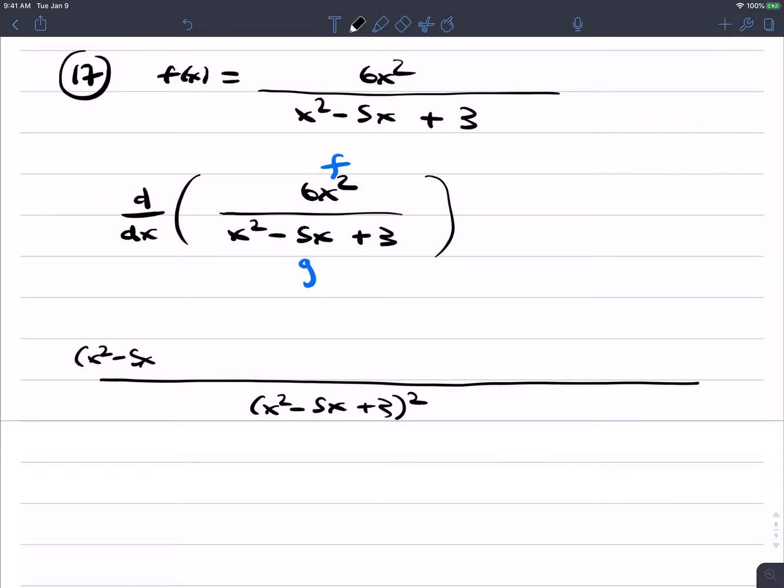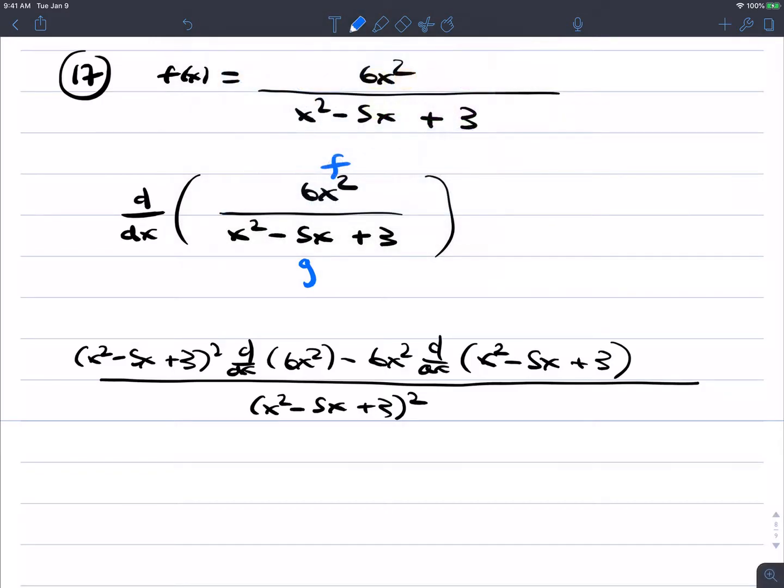X squared minus 5x plus 3 is squared, times the derivative of 6x squared, minus 6x squared times the derivative of x squared minus 5x plus 3. So you really have here g squared, g f prime minus f g prime.